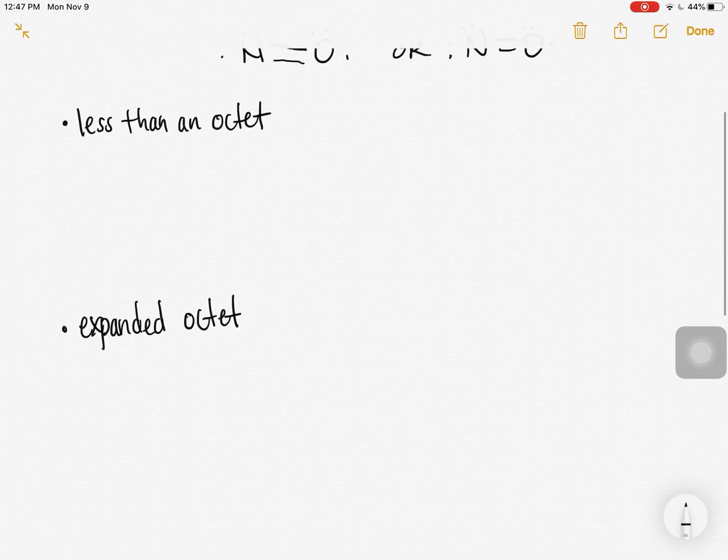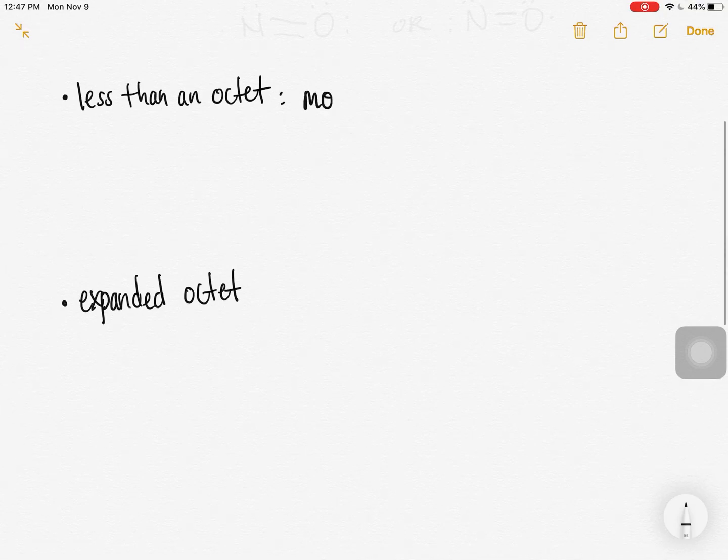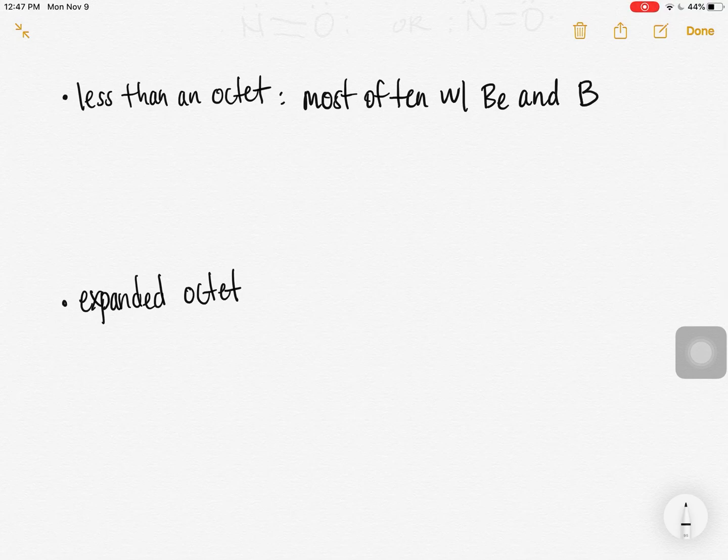The next 2, though, are much more common, and you'll see them appear in Lewis structure practice. The second one is when we have less than an octet, and this most often occurs with 2 elements, beryllium and boron.